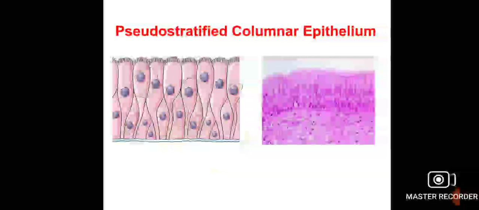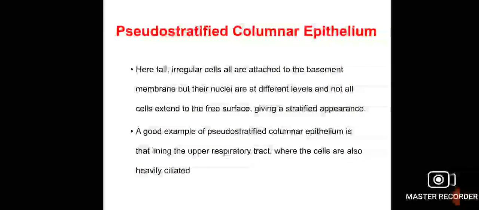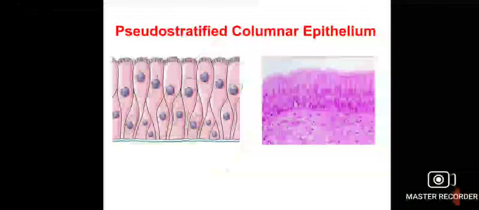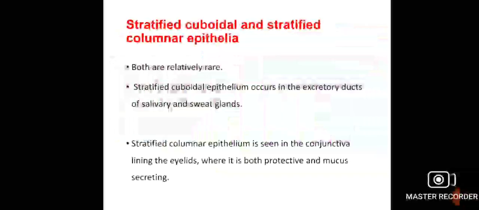And mostly on the surface of the pseudostratified epithelium, cilia are present. These are the cilia. Okay, and mostly the pseudostratified columnar ciliated epithelium is present in our respiratory passages, nose, nasopharynx, trachea, in the lungs. All this epithelium is pseudostratified columnar ciliated epithelium.